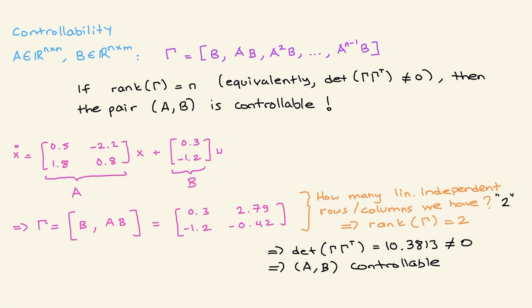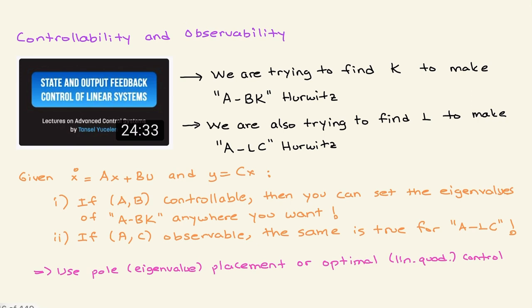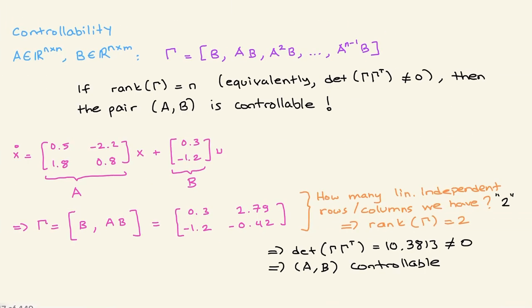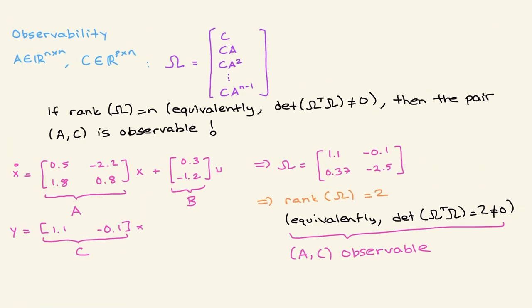So since I most of the time deal with controllable systems, I just wanted to directly link it to this: given a system like this, I first check if AB is controllable, and most of the time it is controllable. Then I jump into pole placement or optimal control to make A minus BK Hurwitz. Again, if you want me to do a video about controllable decomposition to dive more into details about controllability, let me know.